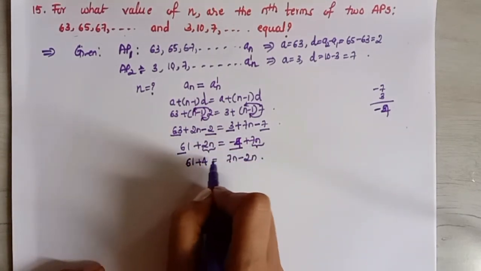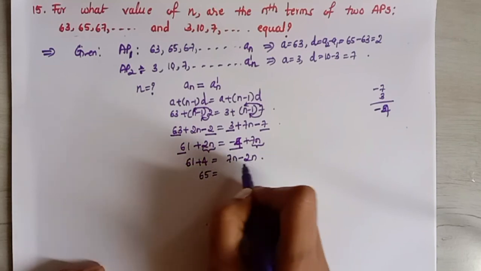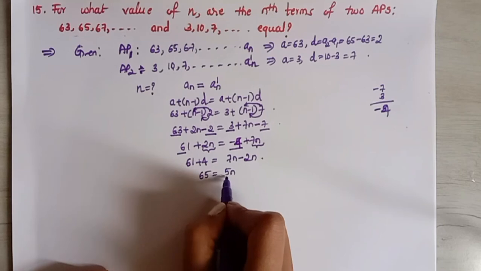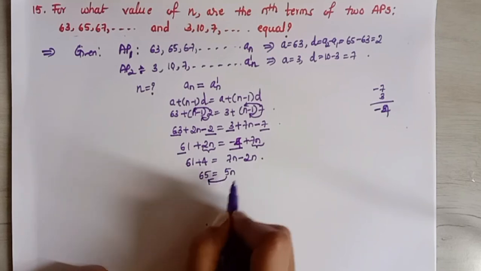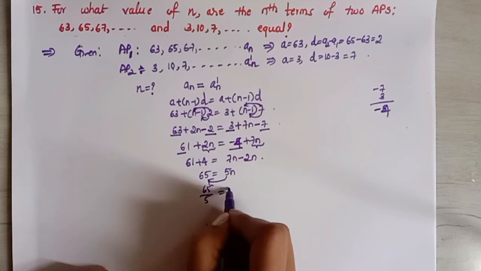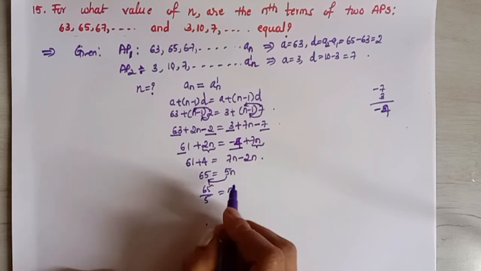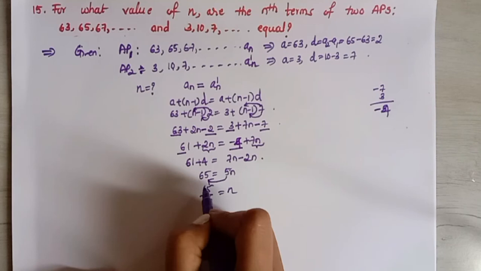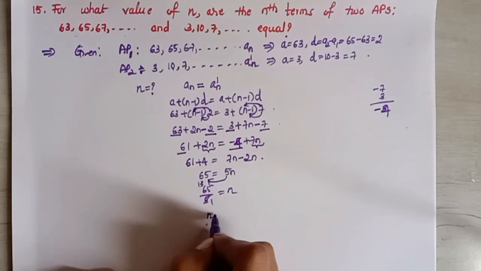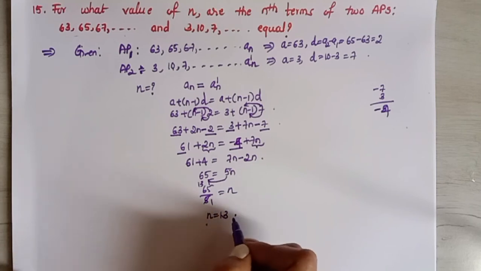So what is 61 plus 4? It is 65. What is 7n minus 2n? It is 5n. After shifting this 5 to the left hand side, as it is a multiplication, this will become a division, that is 65 divided by 5. 5 ones are 5, 5 threes are 15, that is n is equal to 13.